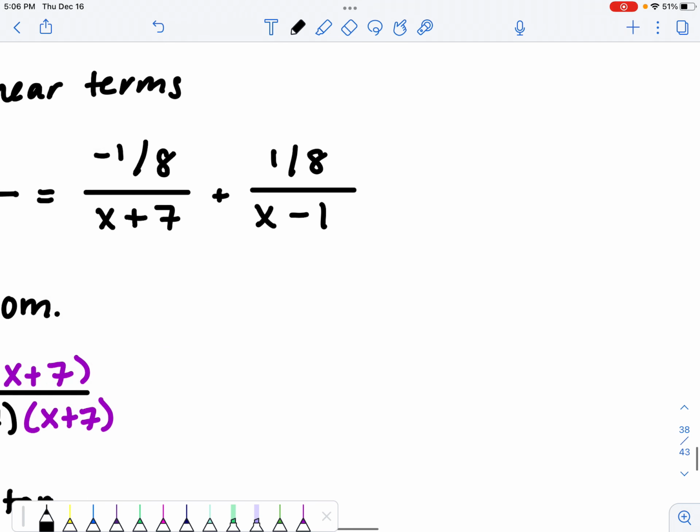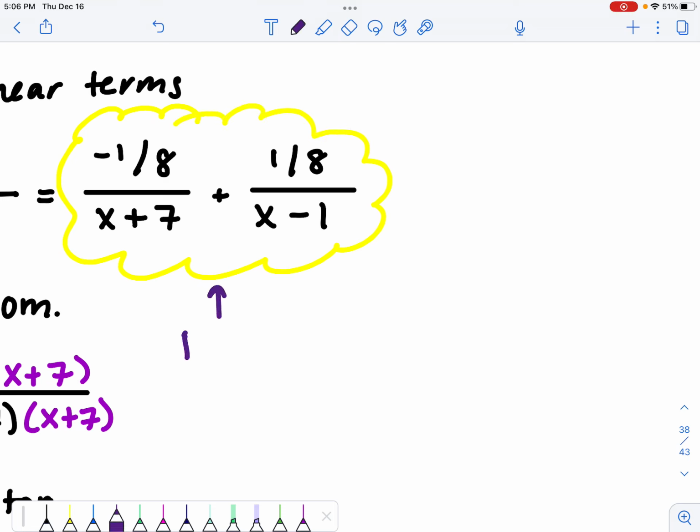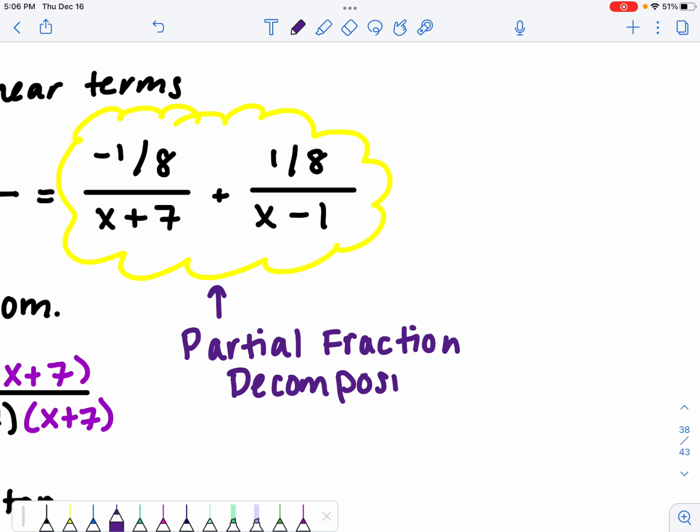So what this over here is called is the partial fraction decomposition. It's because we decomposed, we broke a bigger fraction down into two smaller or partial fractions. And we're going to use this to integrate.